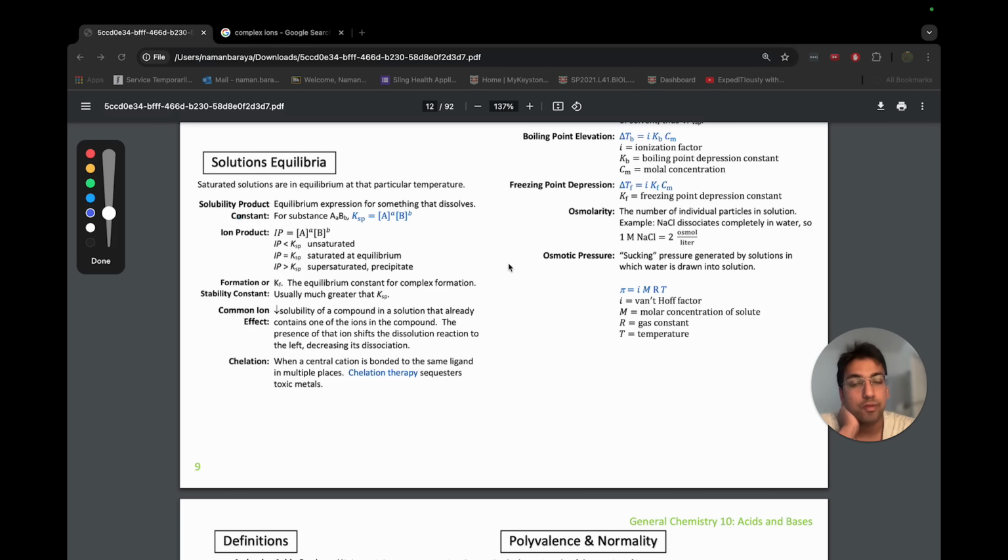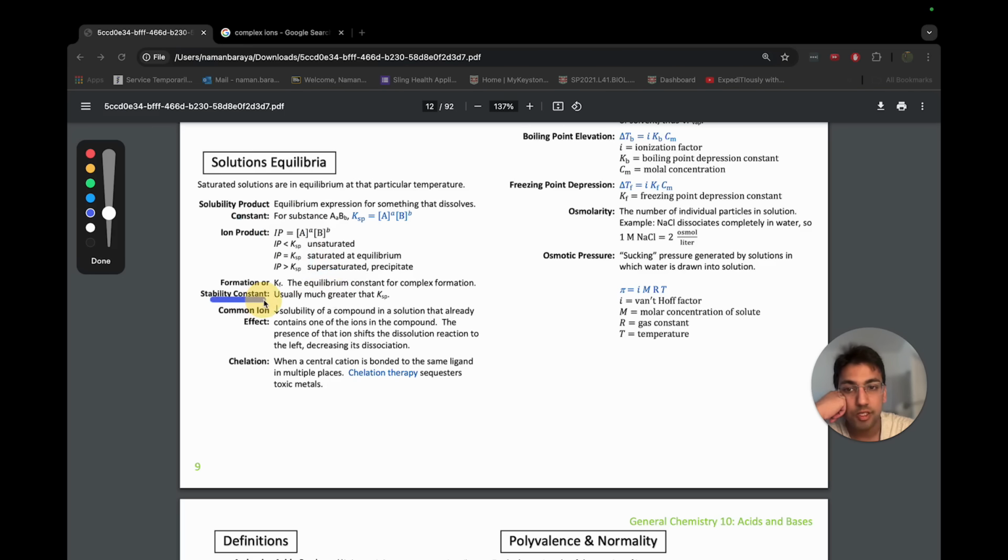A precipitate is solid coming out of the solution because it can't handle any more of the solute. So you might see sodium chloride crystals in a supersaturated NaCl solution, and that's what these are telling you.